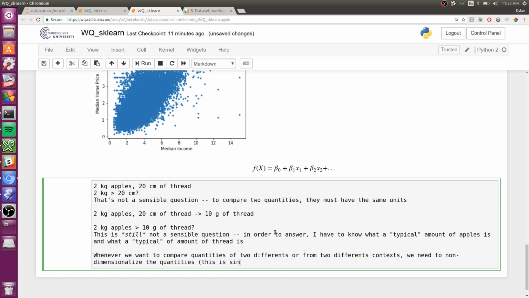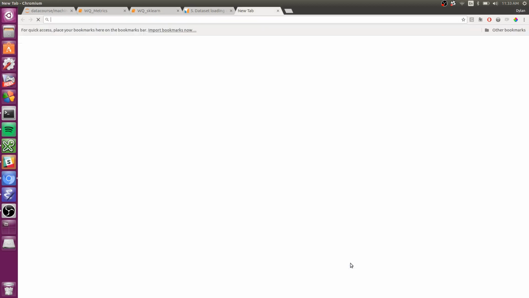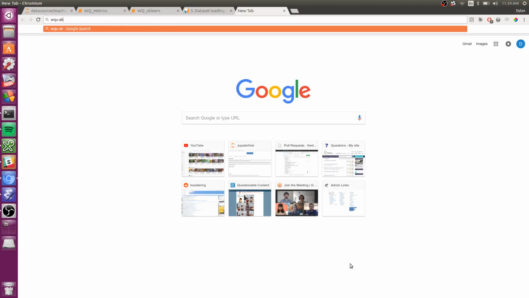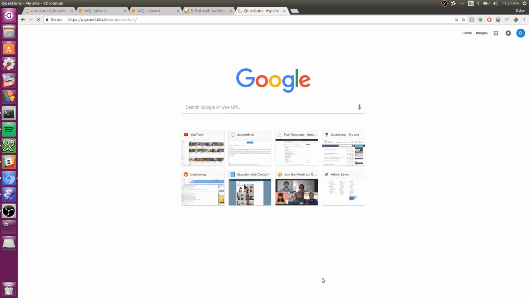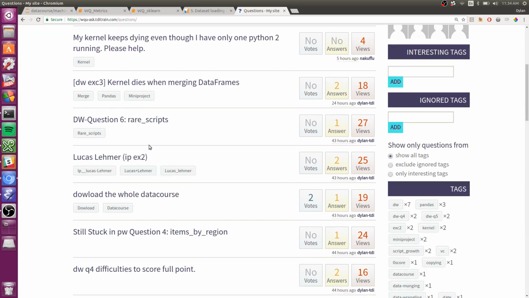This is what we do when we compute z-scores. If you're not familiar with z-scores, they show up in the DW mini project, and there is some discussion about them on the message board. So maybe I'll actually link to my post on the message board about z-scores.